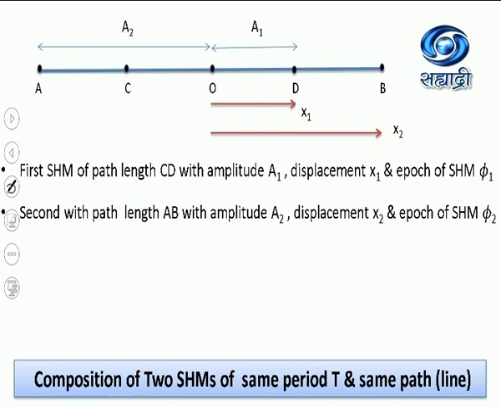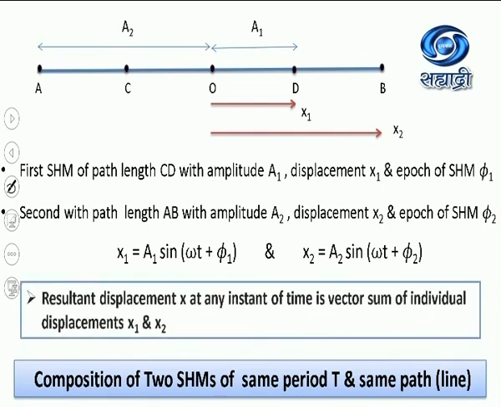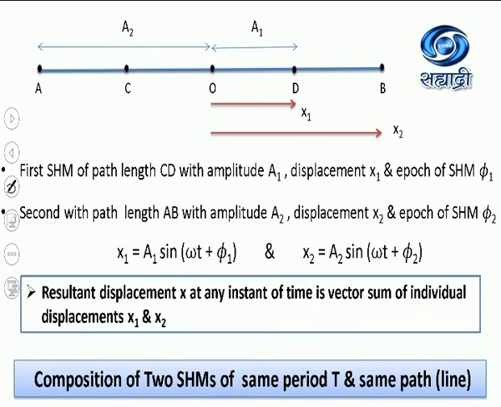Over here, x2 and A2 can be observed on the screen, indicating displacement and amplitude. So if the particle is subjected to two SHMs simultaneously, then the resultant displacement at a given instant of time will be a vector sum of the individual displacements x1 and x2.